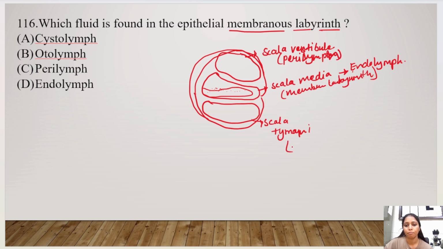And here in scala tympani, there is also perilymph. And between these, endolymph is found, and here lots of hair cells are found which help in hearing.